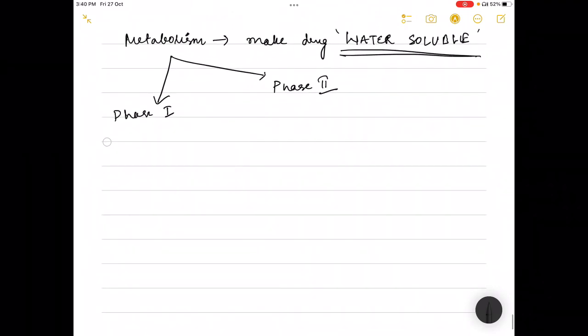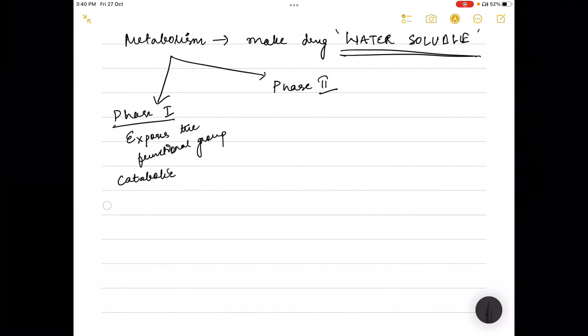Okay. So what does the phase 1 reaction do? It exposes the functional group of the drug, and it is a catabolic reaction. Okay.